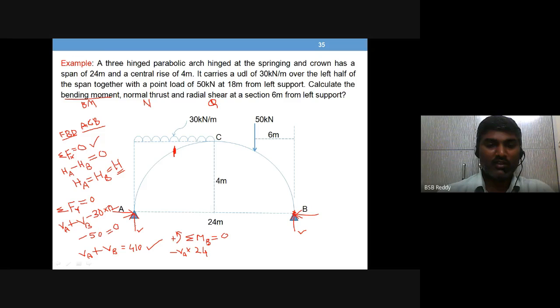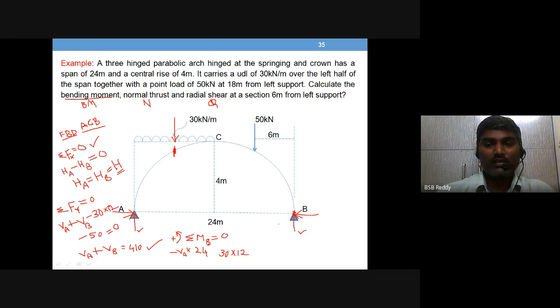So let me go to the next force. H will pass through the point B, so H will not cause any moment. Now coming to the UDL, 30 into 12. That is the UDL value, where it will act at the center of this AC span.